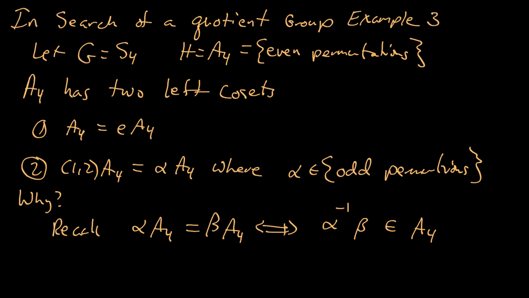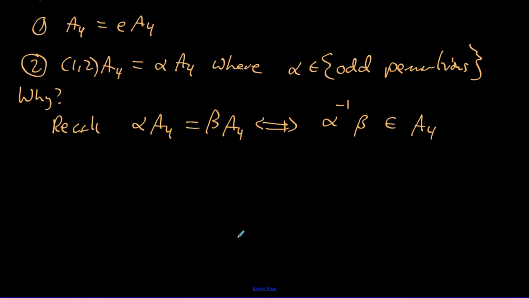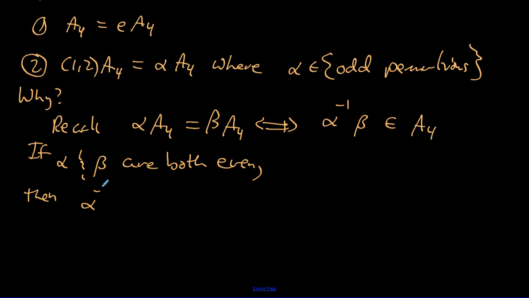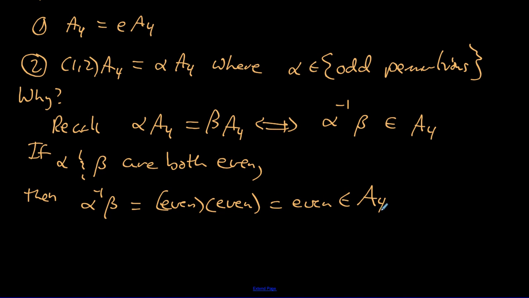And what I want to realize is this. If alpha and beta are both even, then clearly alpha inverse times beta, well, that's an even permutation times another even permutation. That is an even permutation, so it belongs to A4.